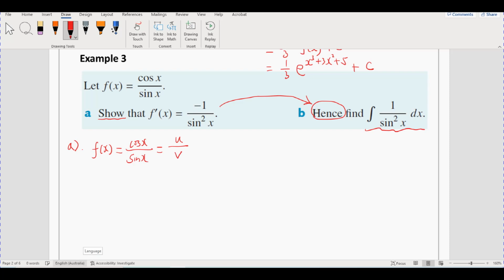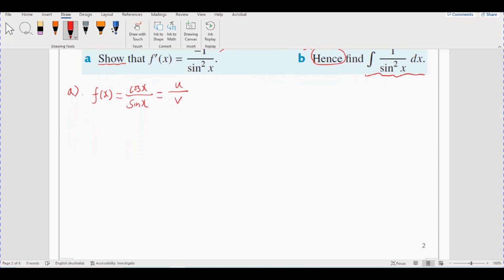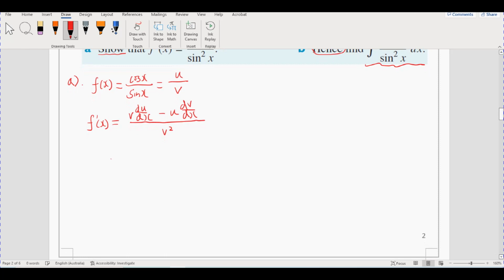Let cos x be u and sin x be v. When I do the derivative, I will get v du over dx minus u dv over dx, all over v squared.